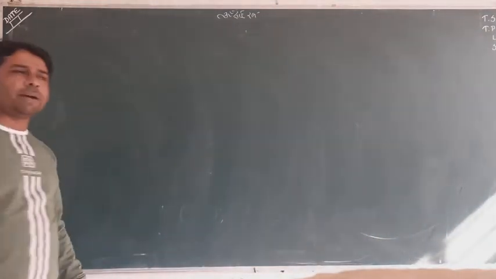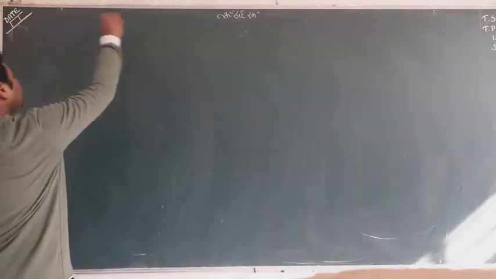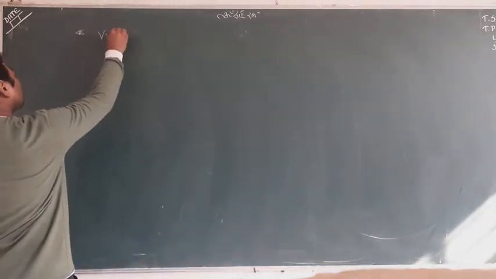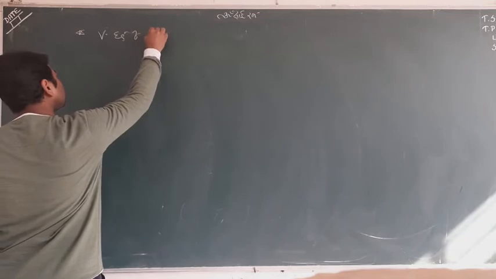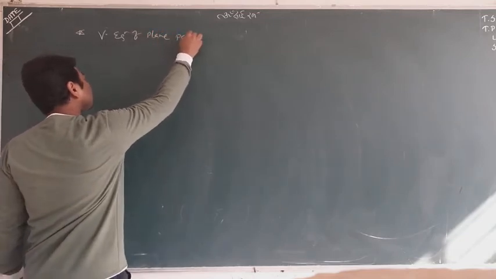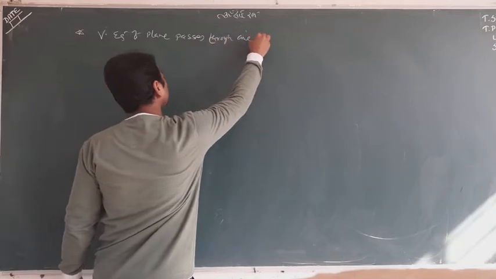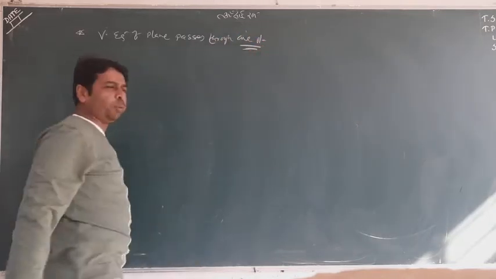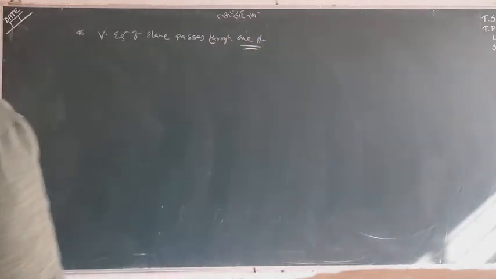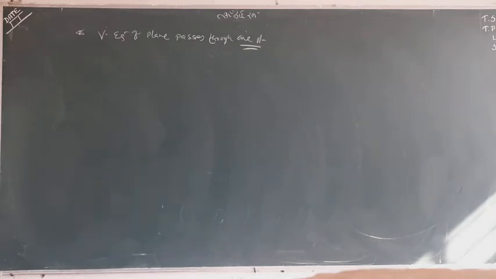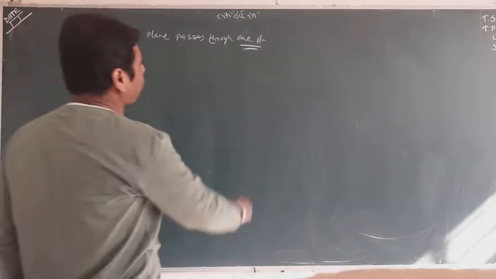Example number 16 I will do later. First of all, I will tell you the vector equation of the plane that passes through one given point.